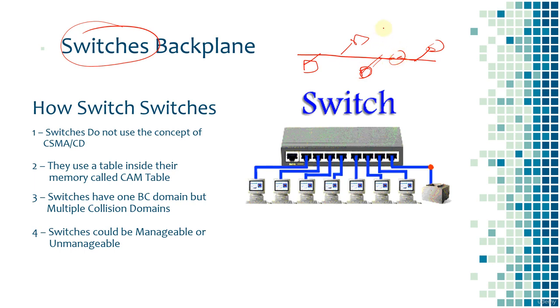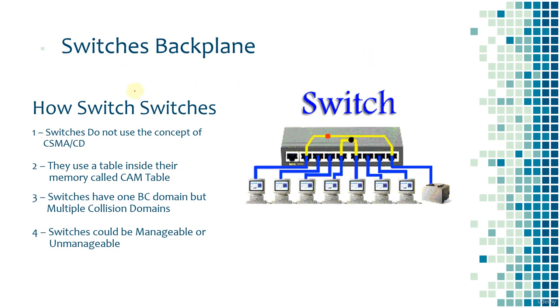So there is one main collision domain, and also one broadcast domain. If this computer sends a packet or frame, it is going to be received by this computer, and this computer, and this computer.